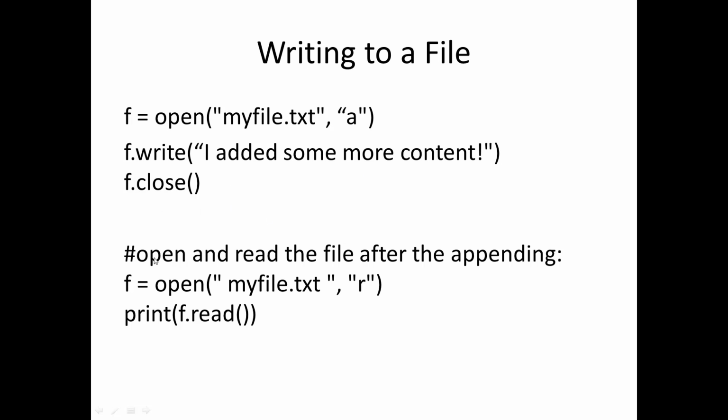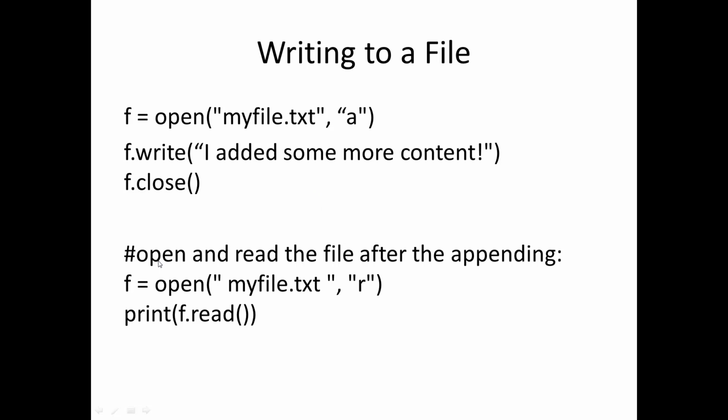Next, we can open and read the file after we've done this appending here. Notice this is appending because we opened the file with the mode of A. So instead of simply writing to the file, it will add it to the end of any content that is in the file.